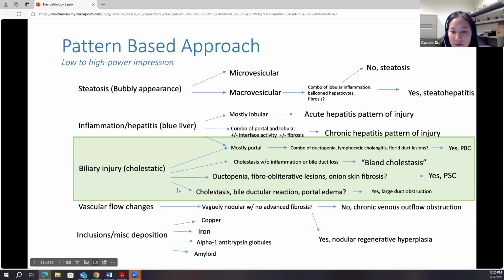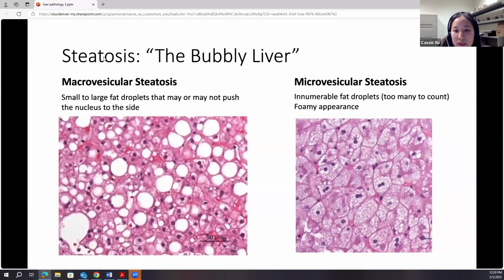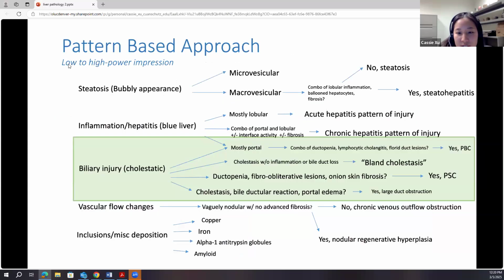For biliary injury, obviously the lab abnormalities have more of a cholestatic pattern, and for steatosis and inflammation, hepatitis, it's more of a hepatitic pattern of injury. So next, we're going to discuss these three main categories and differentials to consider and common diagnoses that we see in each of them.